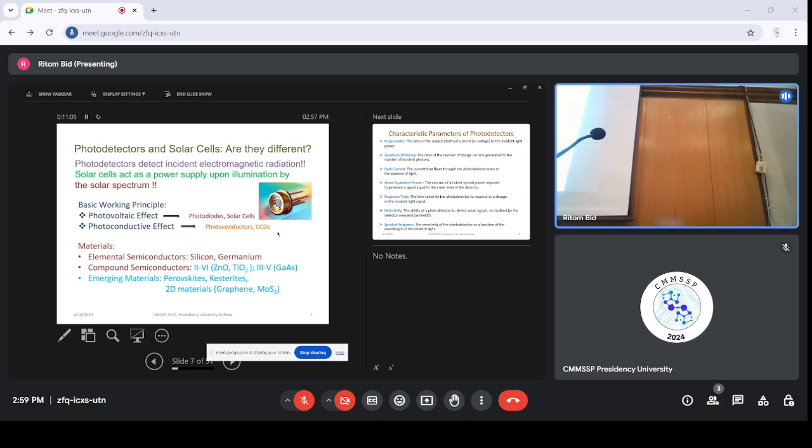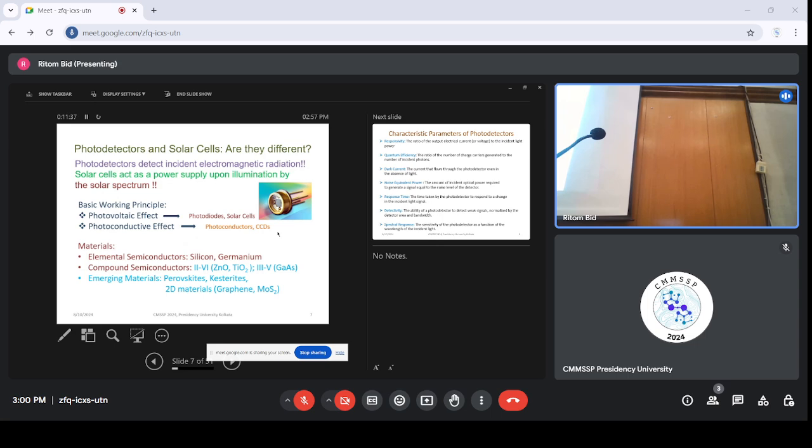From the solar cell, you can get not only current but also voltage. The basic working principle is the photovoltaic effect, which can be in photodiodes or solar cells. Then there is the photoconductive effect, which can only detect the incident radiation; there is no need to get voltage out of it. It is only the change of resistance or conductivity due to the creation of charge carriers inside the material. That is photoconductivity.